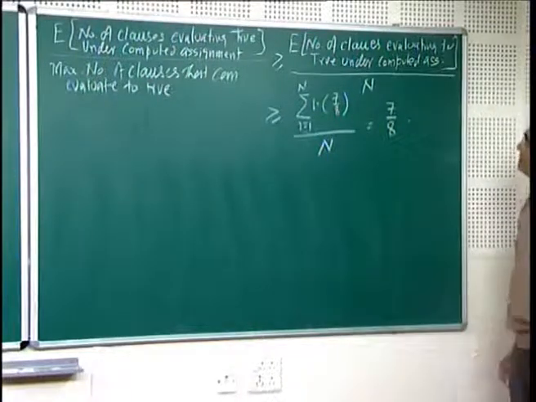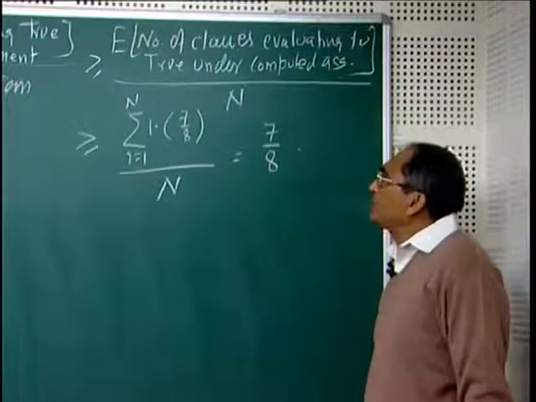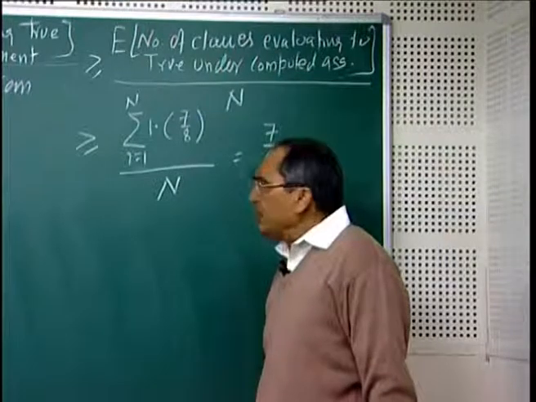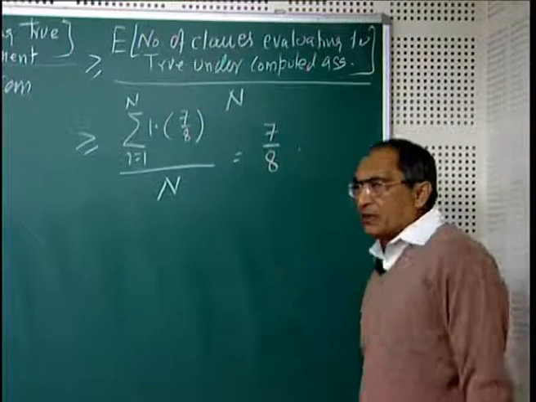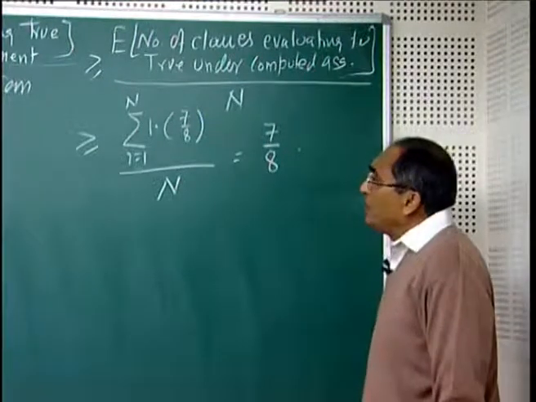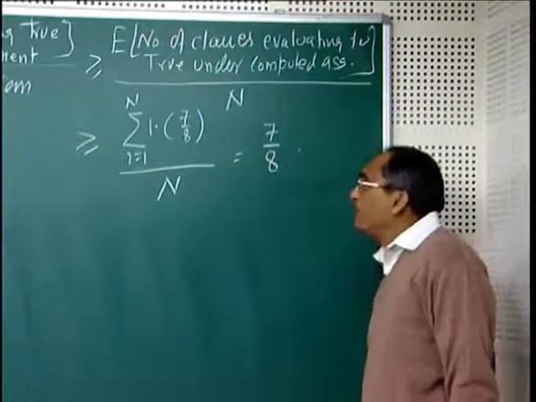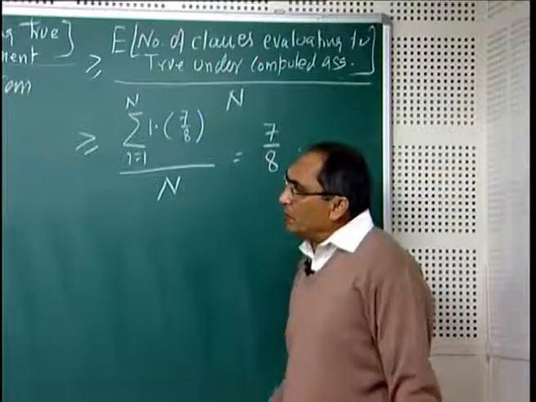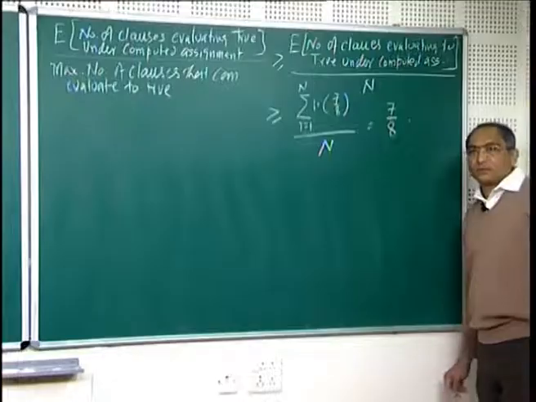So, what we notice is that even a simple truth value assignment computed completely randomly ensures that at least 7 by 8 of the clauses will be true on average. So, that completes our discussion of the approximation algorithms in this series.